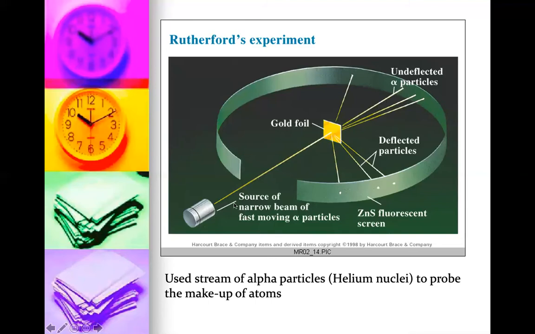When you bombard alpha particles, which are of course positive in charge, through the gold foil, meaning there are gold atoms here, some actually go through without any problem, just pass through, and you can see that it is recorded here.